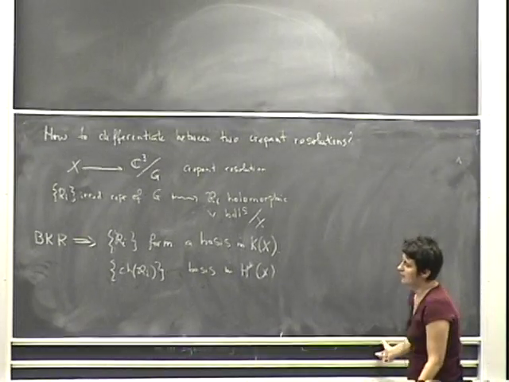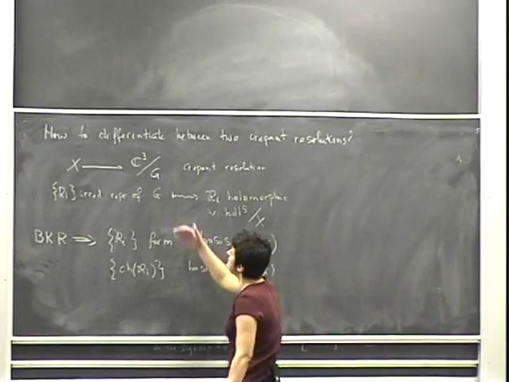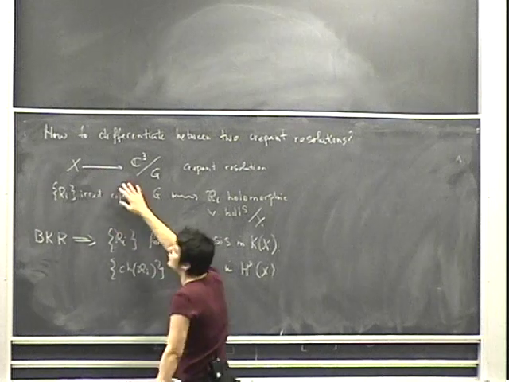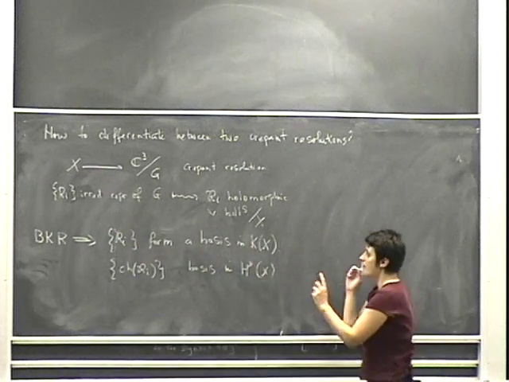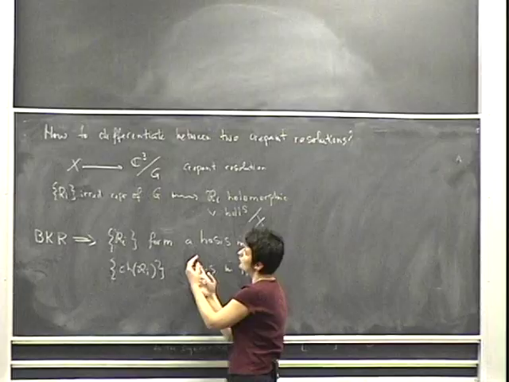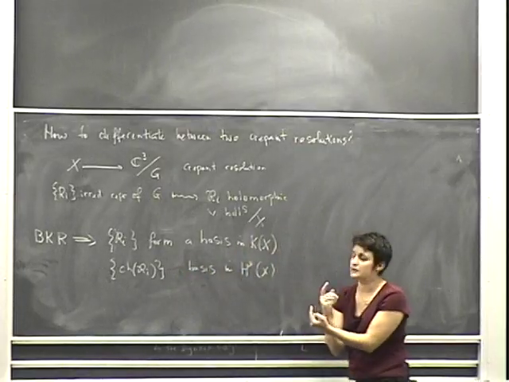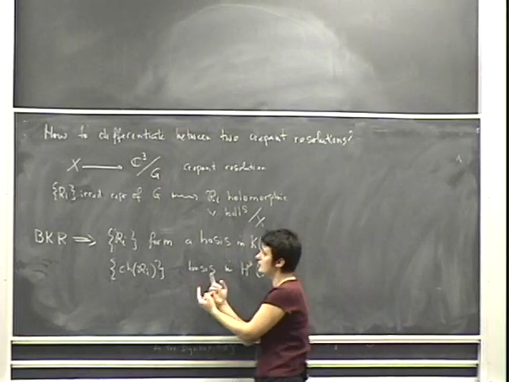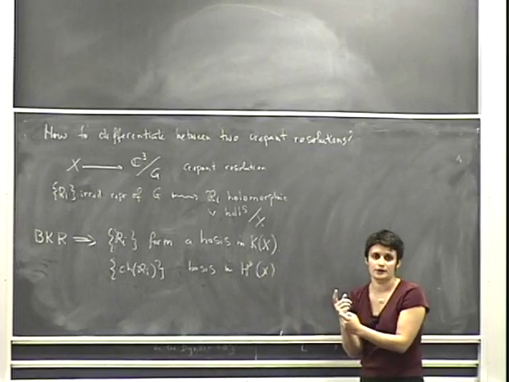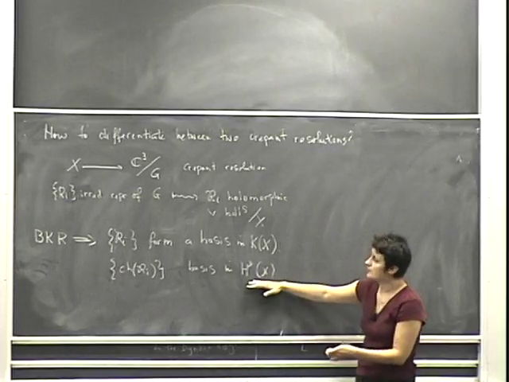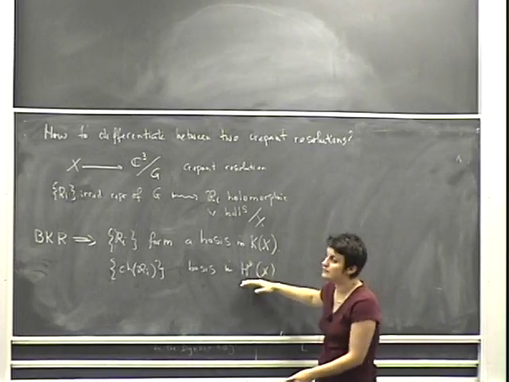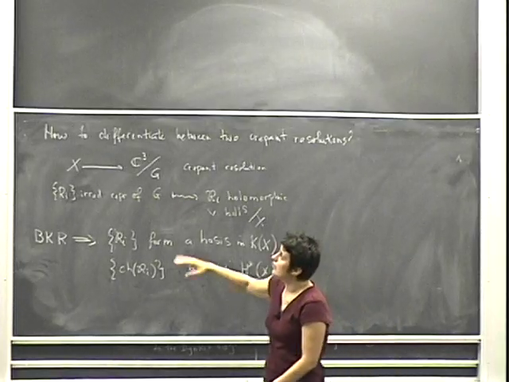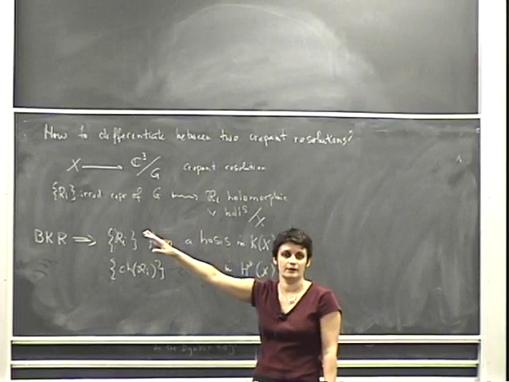The hope is, since all this is valid for all the Crepant resolutions, that you can differentiate between two different Crepant resolutions by looking at the multiplicative structure. At the level of the group structure in cohomology, you cannot distinguish because the Betti numbers are the same.